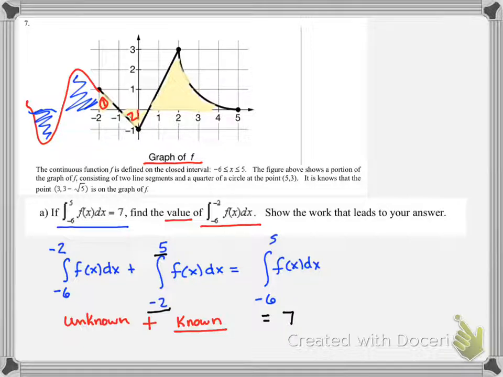Then there's going to be this little portion here, a triangle, another triangle here, and then we were told that this was a quarter circle. And so this part right here will be, if we think about what the square would be, this entire area will be 3 by 3, or 9.